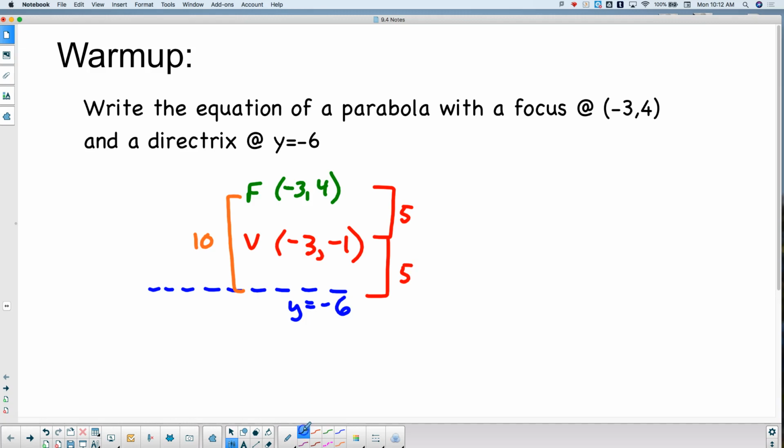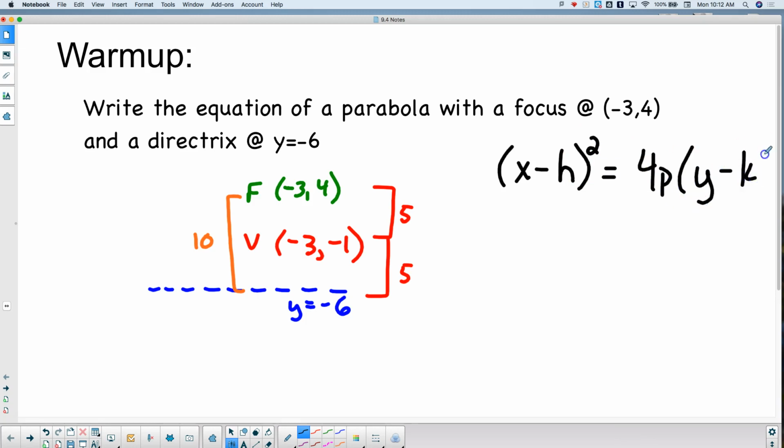Okay. So an up-down parabola would be x minus h quantity squared equals positive 4p times the quantity y minus k. H is -3, k is -1, p is, what's p? 5.